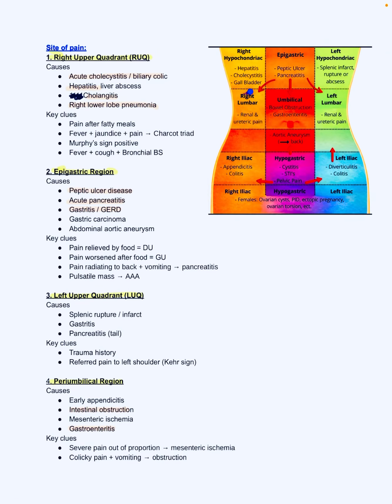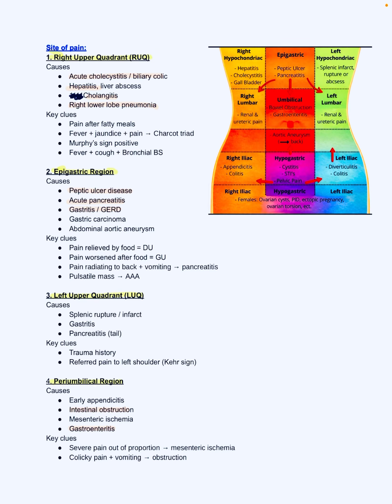If the pain is in right hypochondrium region, that is upper abdominal pain, it may be due to acute cholecystitis, hepatitis, and cholangitis, and right lower lobe pneumonia. Pain after fatty meal is due to pancreatitis or cholecystitis.